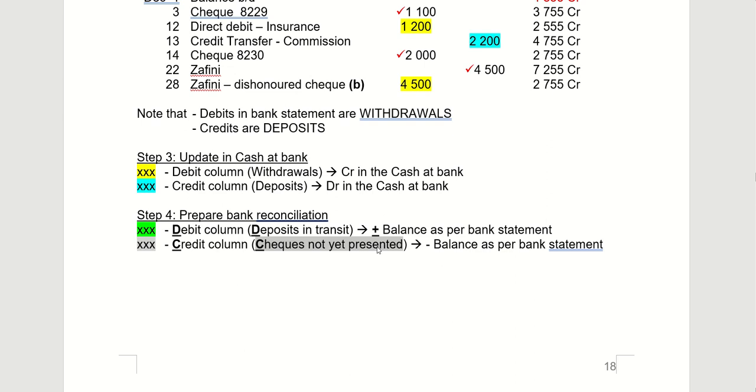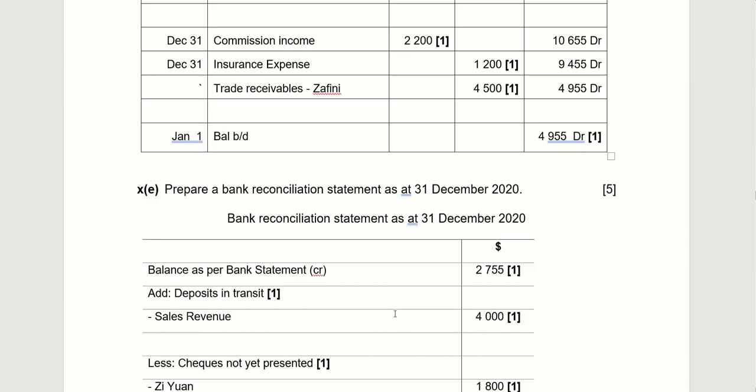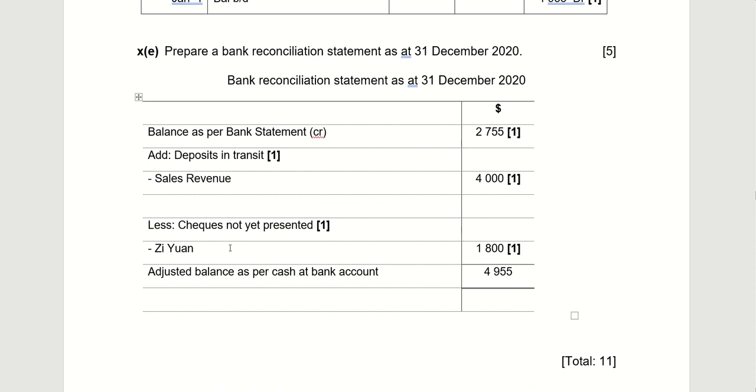It means that you have made the payment. You already wrote out the check and you want to pay. That's why you recorded it in the credit, minus cash at bank. But the other person hasn't deducted the amount from the bank statement. And therefore, you have to minus away from balance as per bank statement. That's why right at the bottom, you have less, minus away 1008.